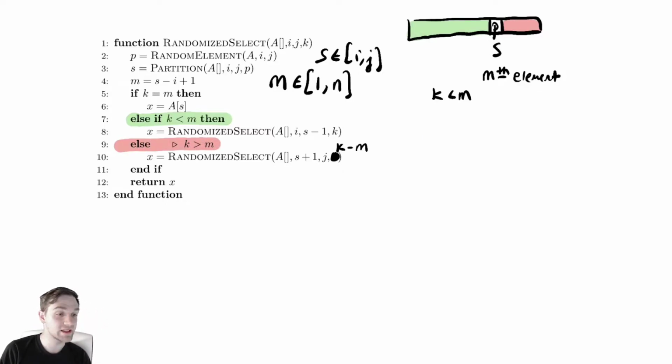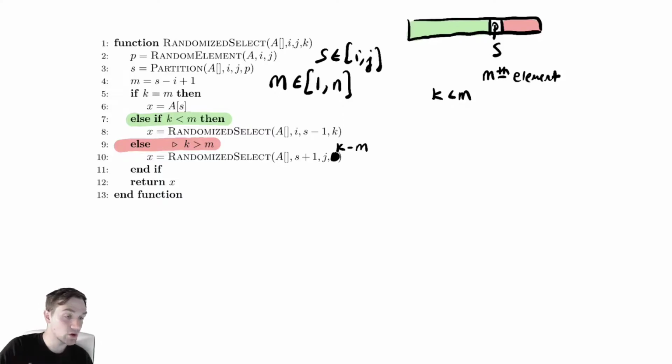There's a bit of a funny thing happening here. You'll notice that for the first recursive call, we're going from i to s minus 1. That makes perfect sense. We go to s minus 1 because we know it's not the current pivot element, since we already checked if it was. And then we're still looking for the kth order statistic.